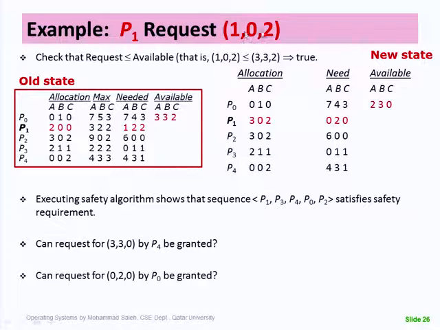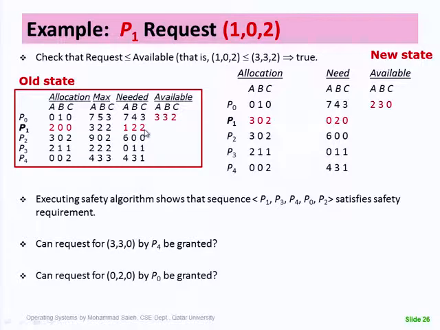The very first condition to check is whether request is less than or equal to needed of P1. So this is the request, and this is P1, who's requesting. This is the needed, which is 122. We can see that 102 is less than or equal to 122. So the first condition passed.